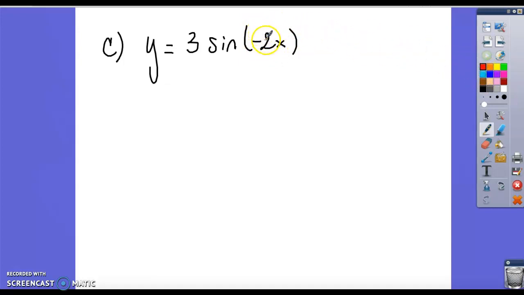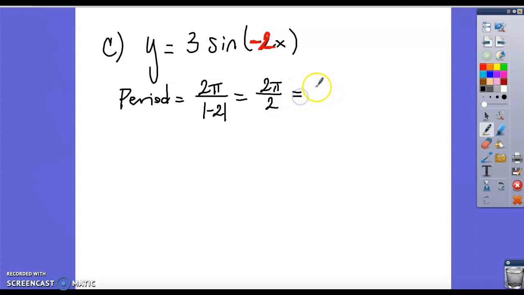That means b is the number in front of x, but we take the absolute value of that number. So my period is 2 pi over the absolute value of negative 2, so 2 pi over 2, which is pi. The period of this function is pi.